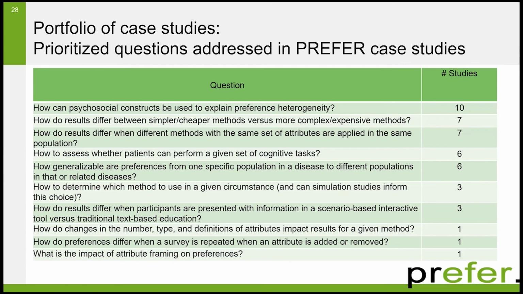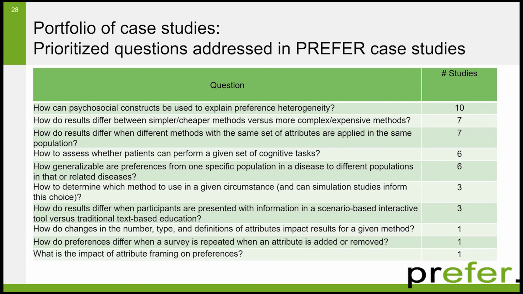But you can see that the question used in the greatest number of studies was the question of psychosocial constructs and how they explain preference heterogeneity.